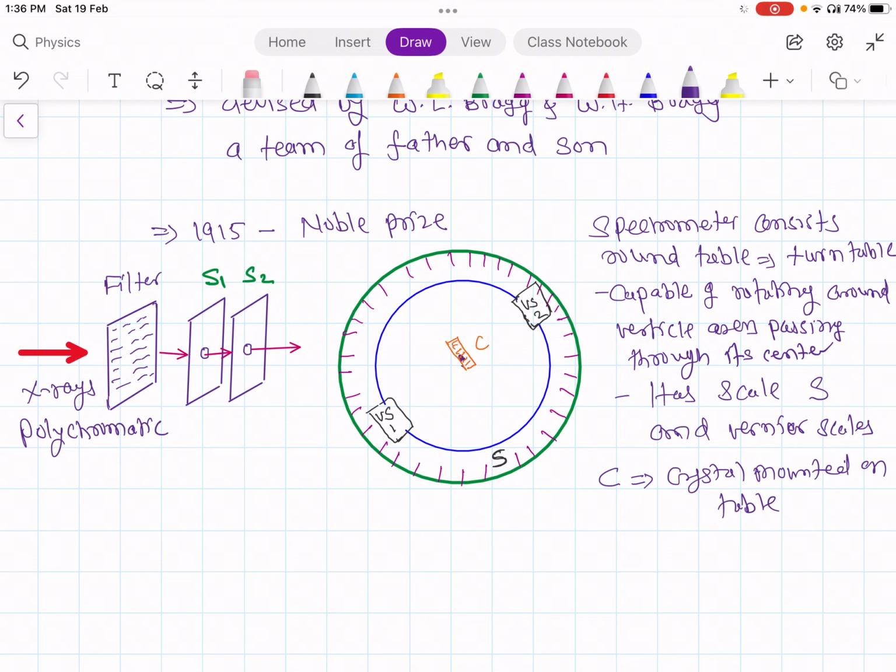So at any instant, we can find out the position of the crystal using the scale S and the vernier scale.